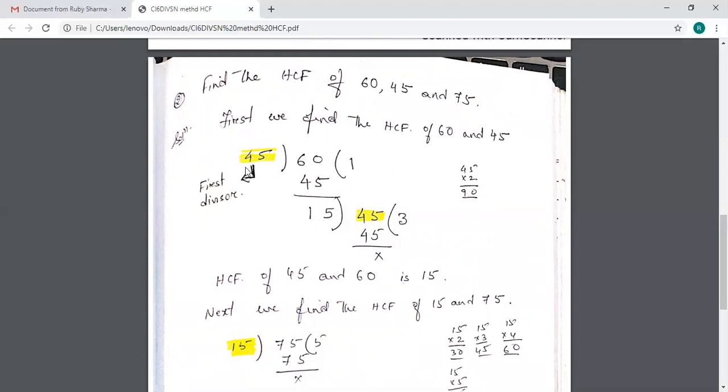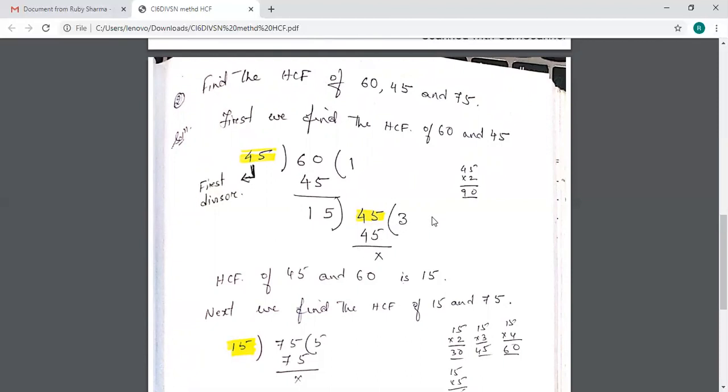And the first divisor will become the dividend. Is it clear, all of you? So when you divide, you get 15 3s are 45, and the remainder is 0. So when you get the remainder 0, remember the divisor is the common factor for both. This is the HCF. Okay.